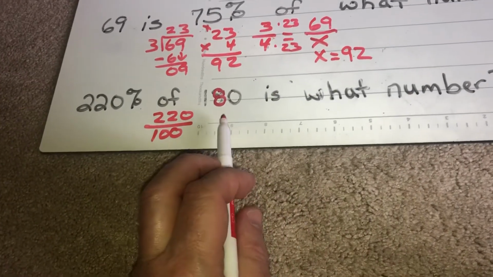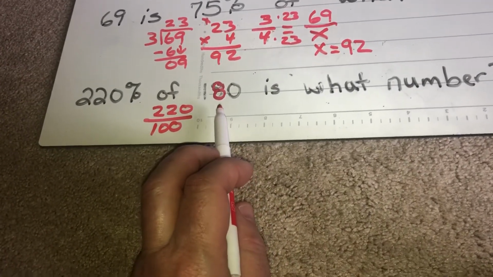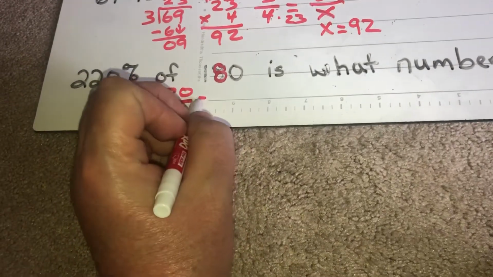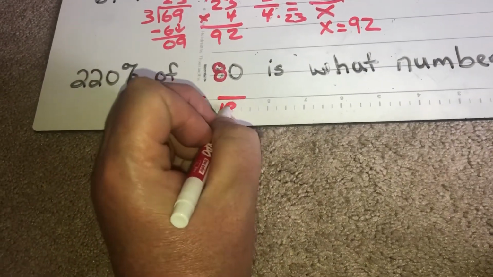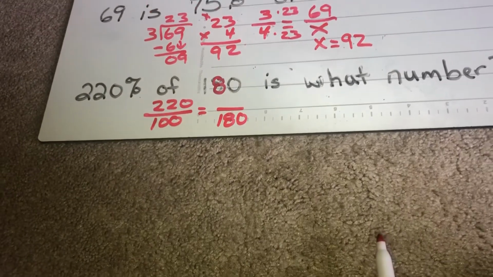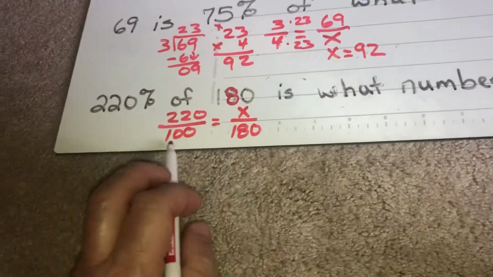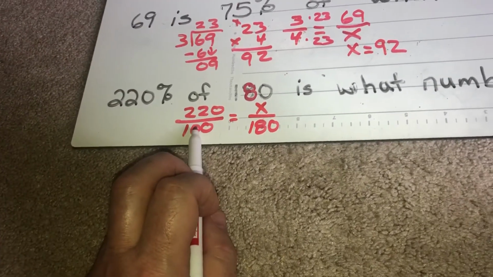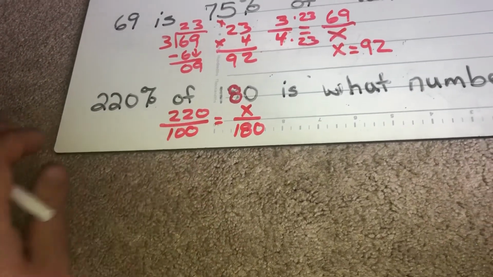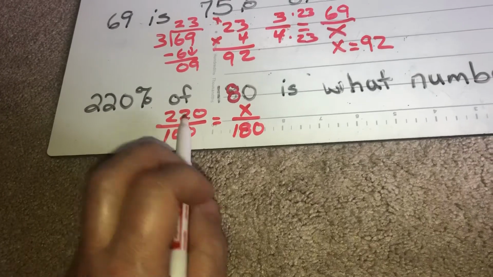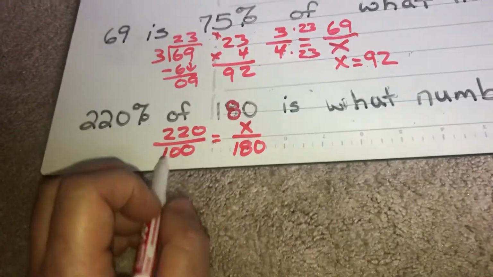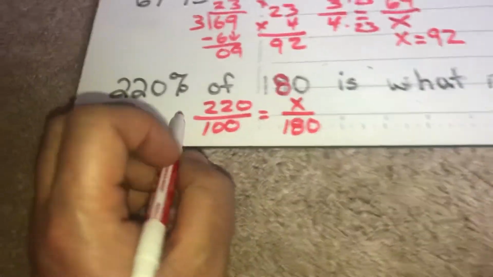So 180 is the total group, which means that 180 is the 100%. All right, so let's kind of think about that here. First of all, let's go ahead and simplify. 220 over 100. I see that they both end in 0, so I can divide those both by 10.